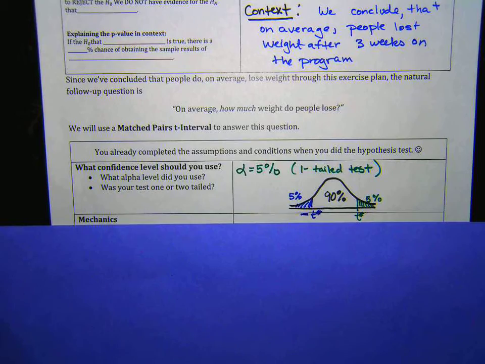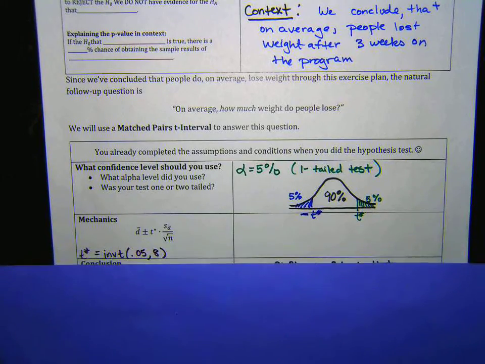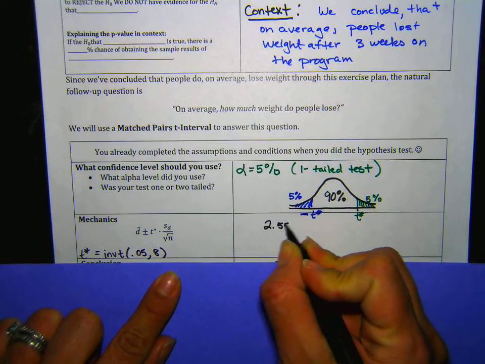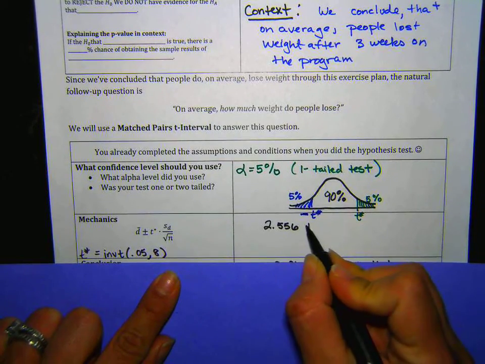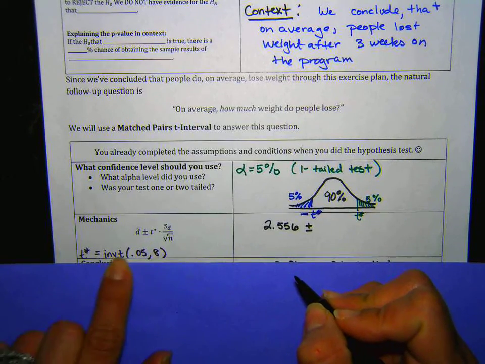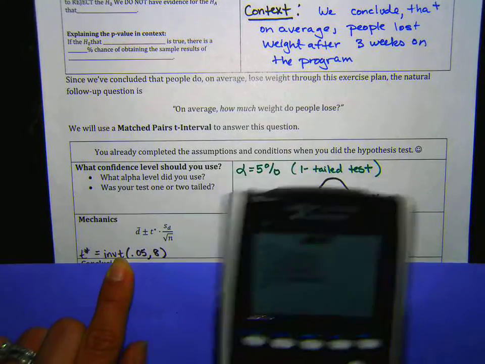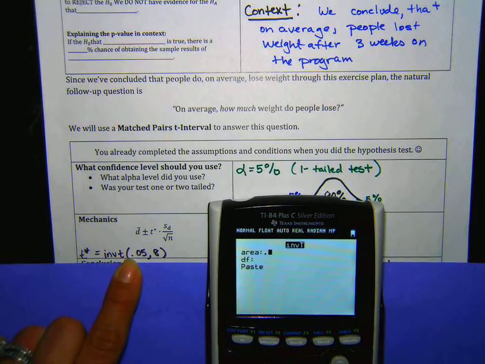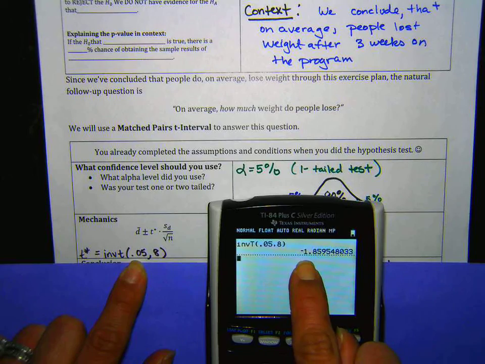So if you think back to what we did for confidence intervals, we take our statistic, which in this case is 2.556, and we add and subtract the margin of error. If you don't remember how to get T star, you go to inverse T: second vars, number 4, inverse T, area to the left of one of your critical values, degrees of freedom, and you're either going to get a positive or negative T star based on the area you put in.